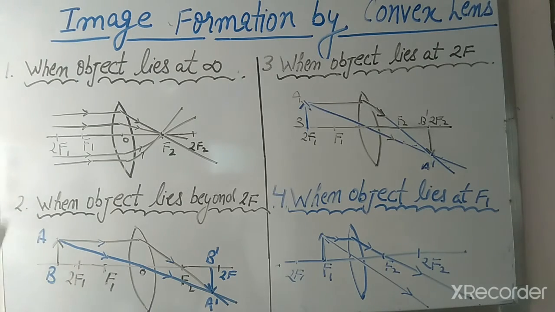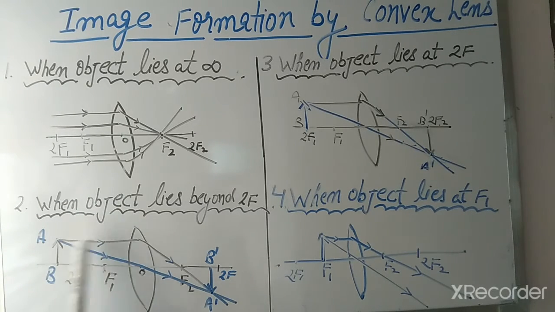Now another case, when the object lies beyond 2f. Suppose our object AB is placed beyond 2f. So what will happen? First, a ray goes parallel to the principal axis and it will pass through the focus, right?